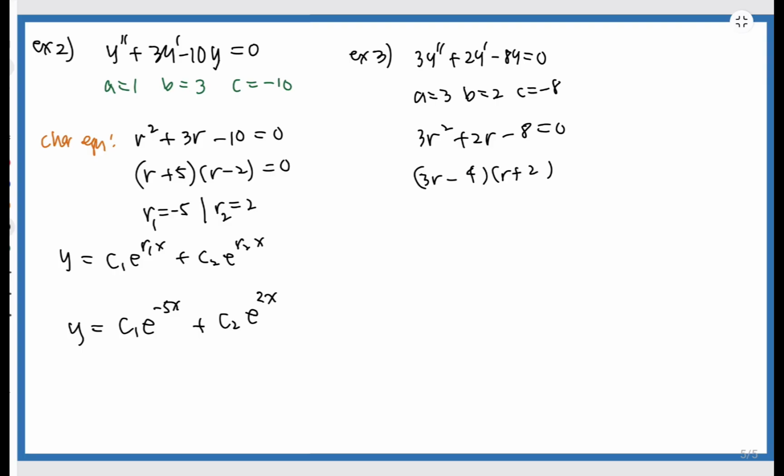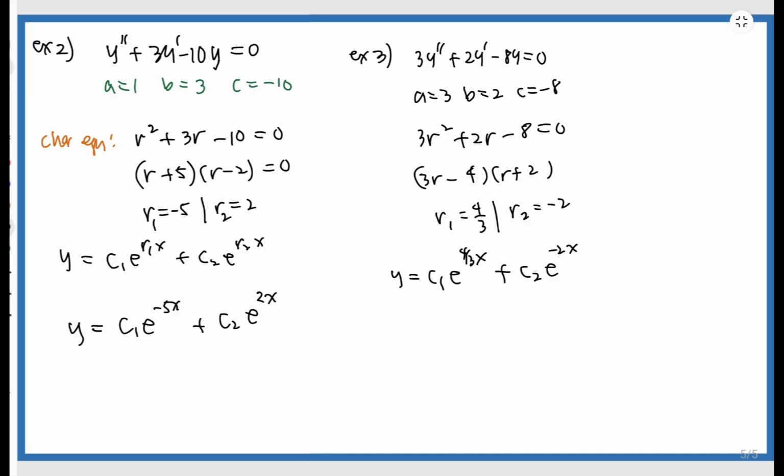So plus and minus. Negative 4r, positive 6r, positive 2r. So correct. R1 is positive 4/3, R2 is negative 2. So the solution is y equals C1 e to the 4/3 x plus C2 e to the negative 2x.